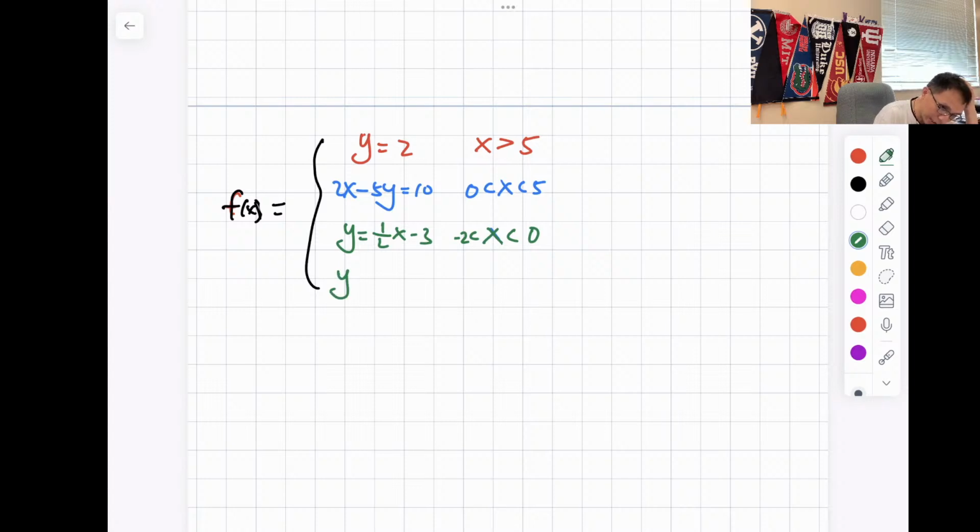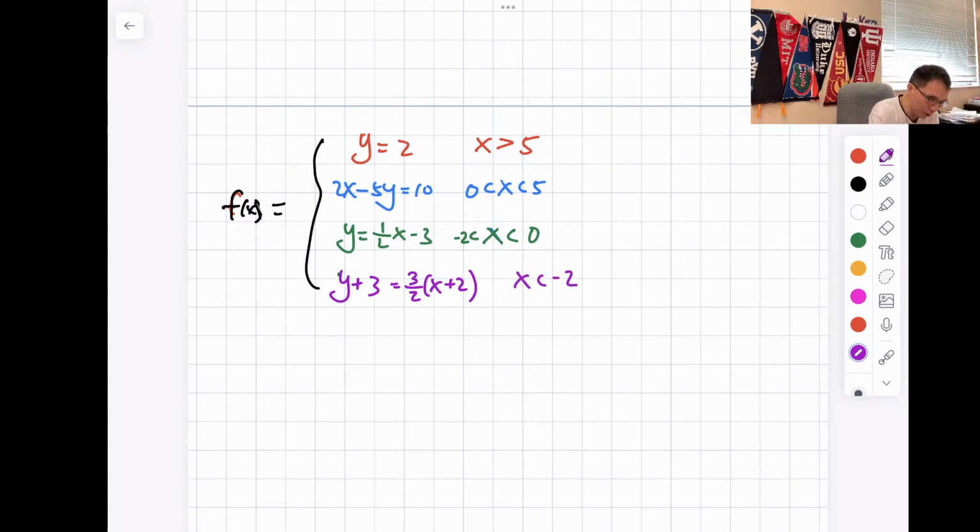And the last one is going to be purple: y plus 3 is equal to 3 over 2 times x plus 2 when x is less than -2.